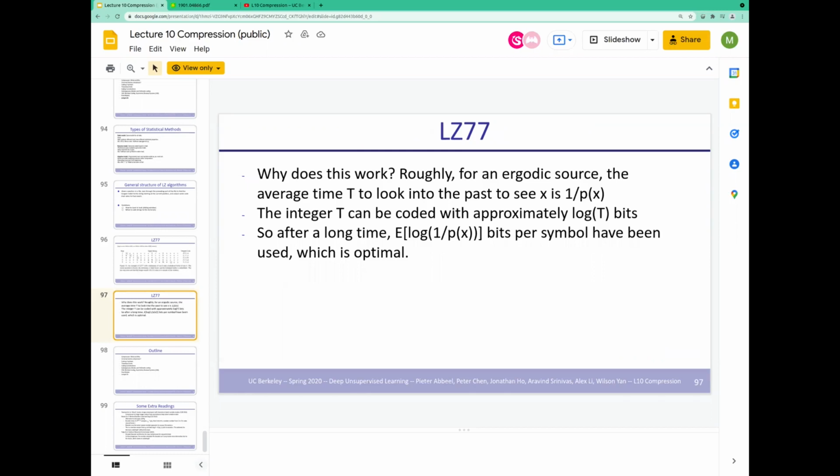I haven't thought about it. I think for Lempel-Ziv, the ergodic part is just to calculate these results, right? I looked it up also. Ergodic means that over time the distribution remains the same, that it doesn't change drastically from one part to the other.